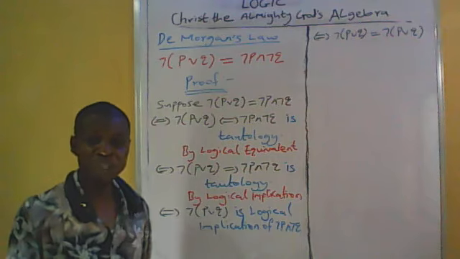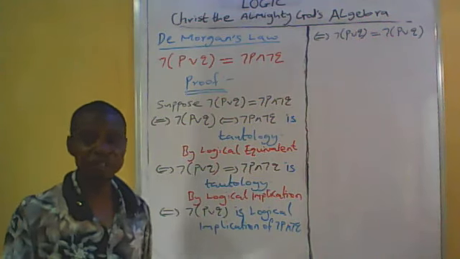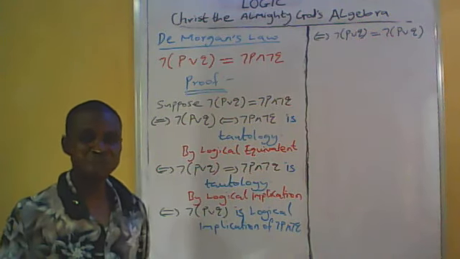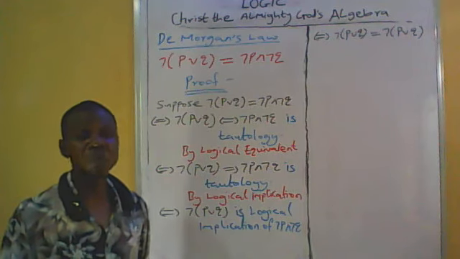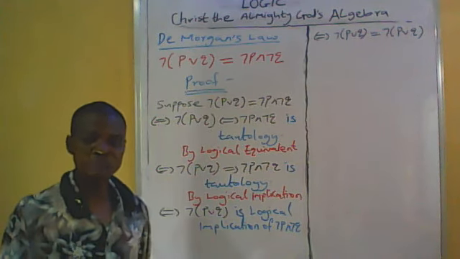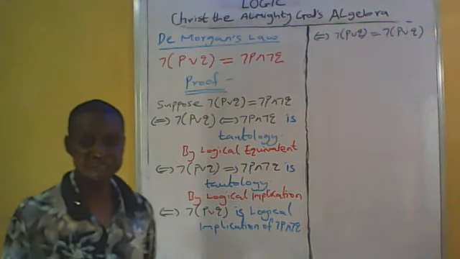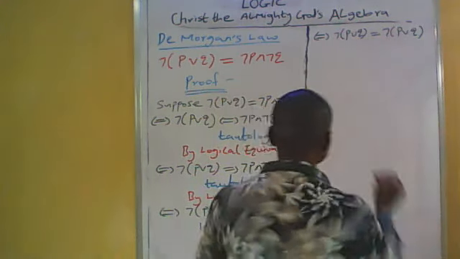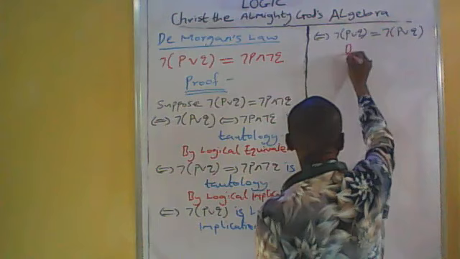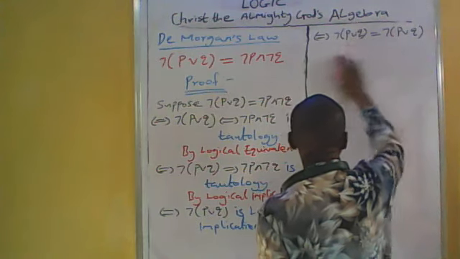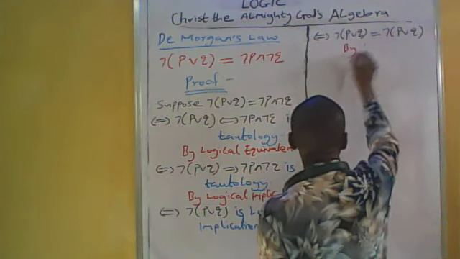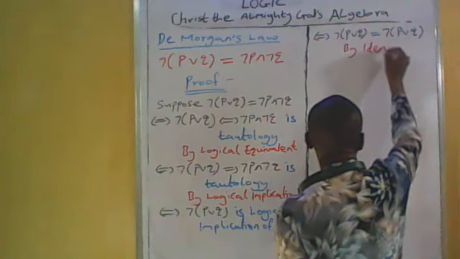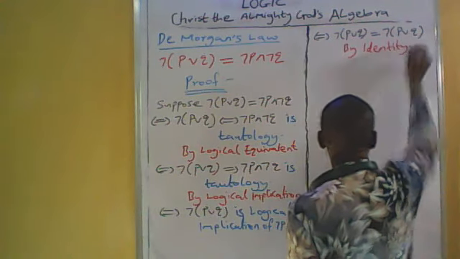We say it is logical equivalent and it is true. So not bracket P or Q is equal to not bracket P or Q, being justified by identity. That means the sameness.